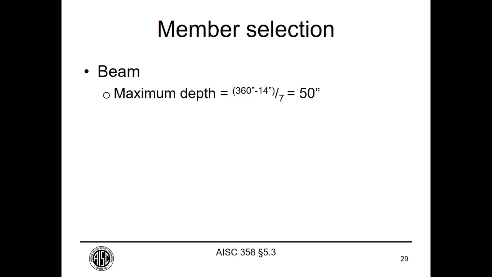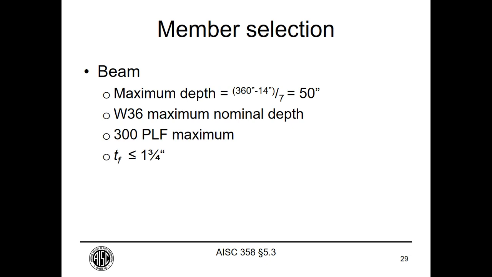Okay. So the pre-qualification limits are our maximum depth with that span to depth ratio of 7 or greater. We couldn't have a depth greater than 50 inches. That's fine. The RBS limitations 36, 300 pounds a foot, and so on.